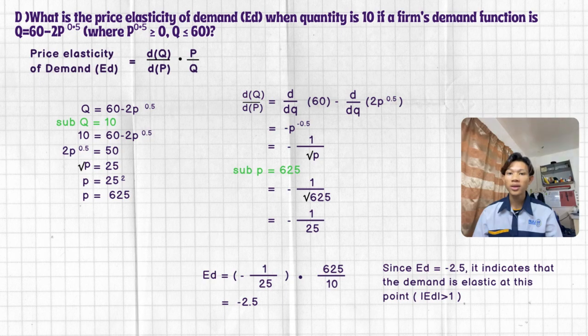Next, we need to find the derivative of the demand function with respect to price, which is dQ/dP.